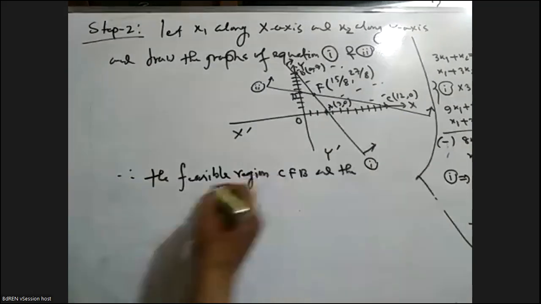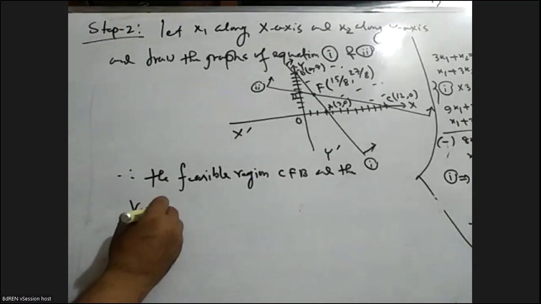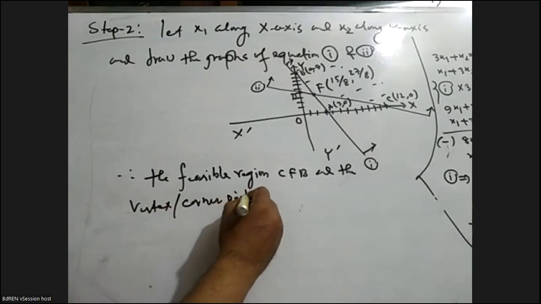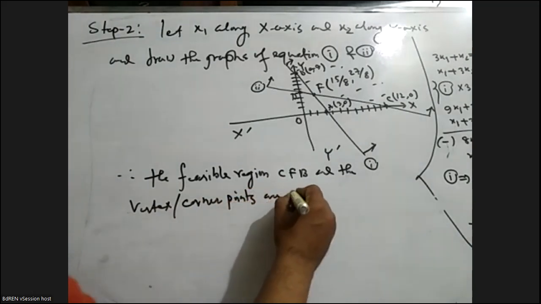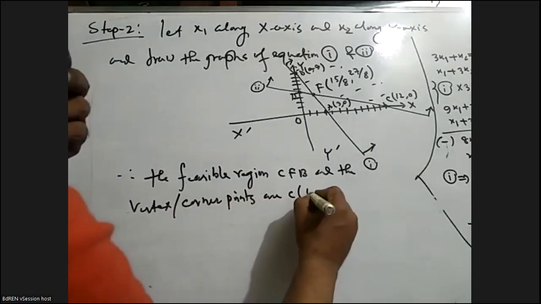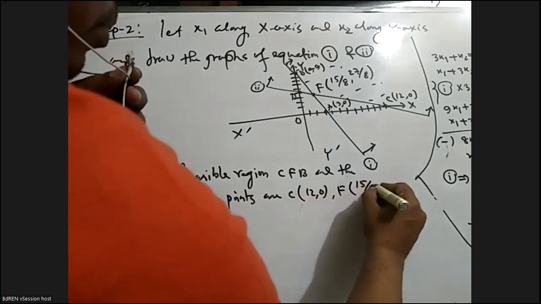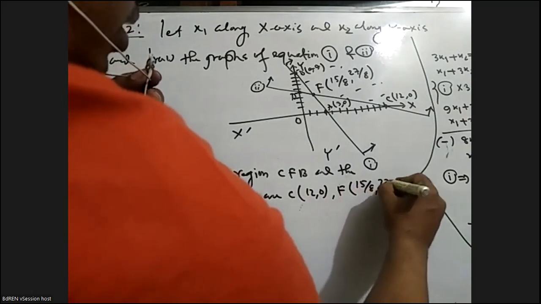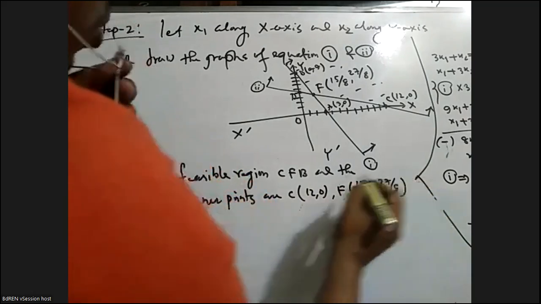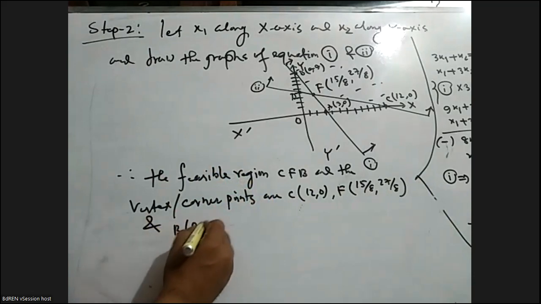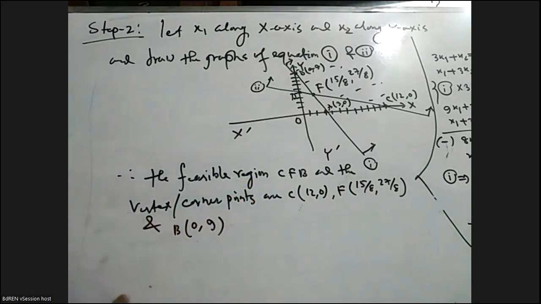And the corner points, vertex or corner points, are C (12, 0), F (15 by 8, 27 by 8), and B (0, 9). Now step 3.